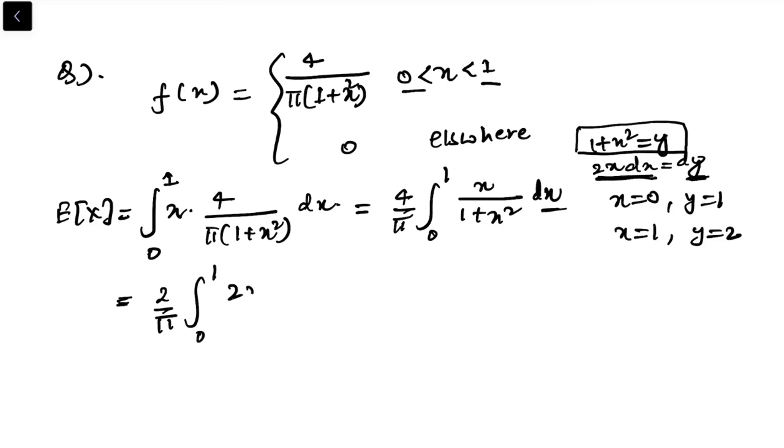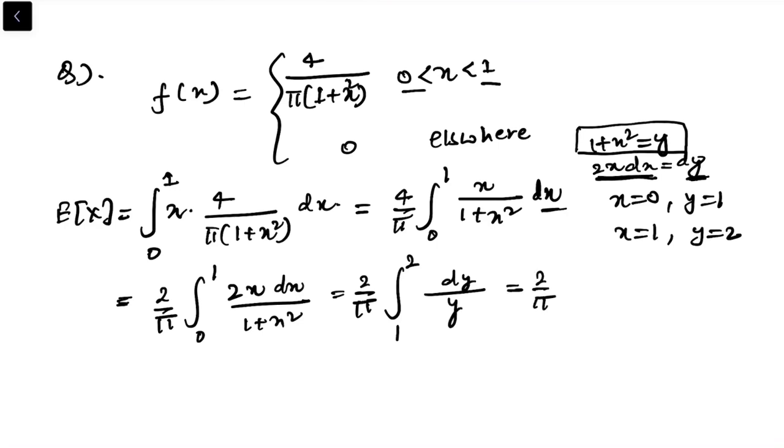So this is 2x dx over 1 plus x square. So now this is 2 over pi, 0 to 1. Now the limit will change. Now the limit will be 1 to 2, and 2x dx will be dy, and 1 plus x square is simply y.